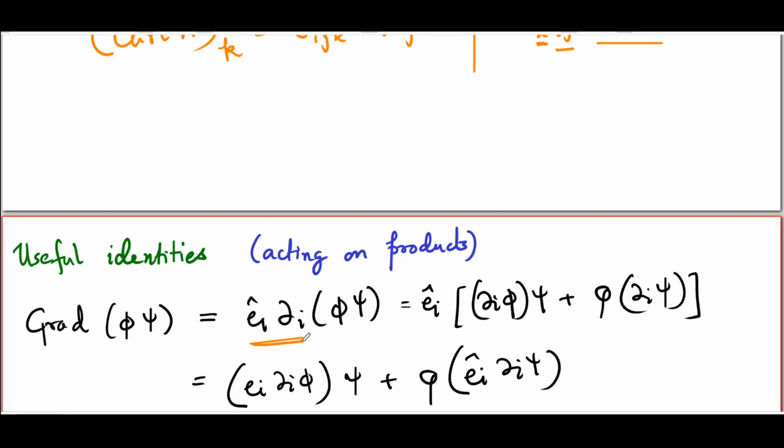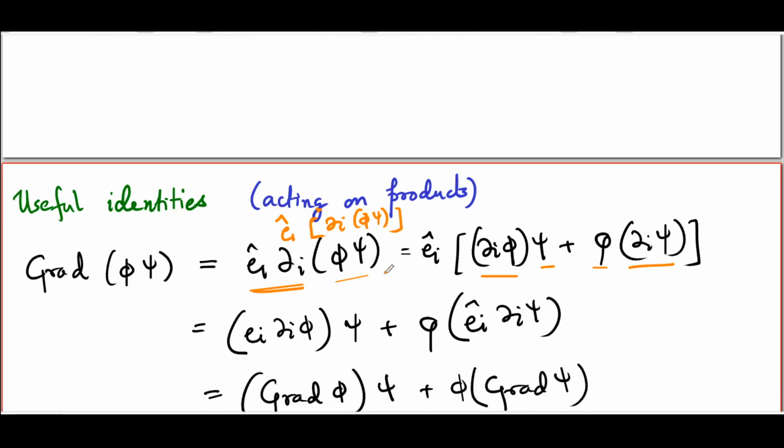The del operator or the gradient is simply e_i del_i, in this case acting on phi psi. So this is really e_i, the basis vector, times del_i acting on phi psi. And del_i acting on a product, remember del_i is nothing but the ith partial derivative, is simply del_i phi times psi plus phi times del_i psi, the way in which you differentiate products.